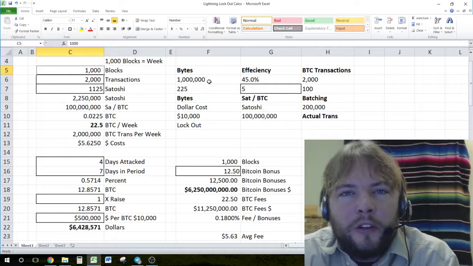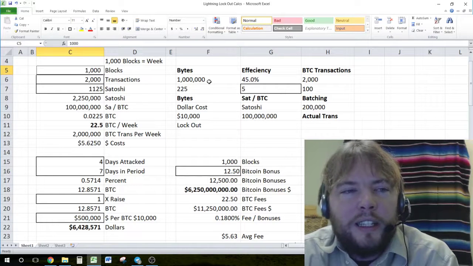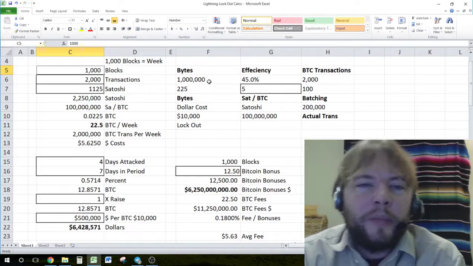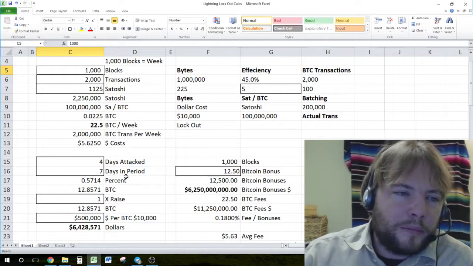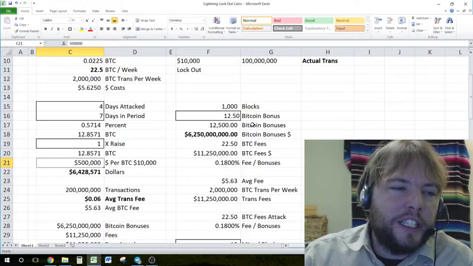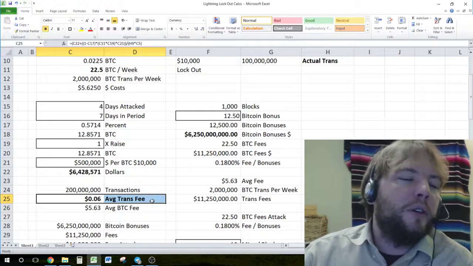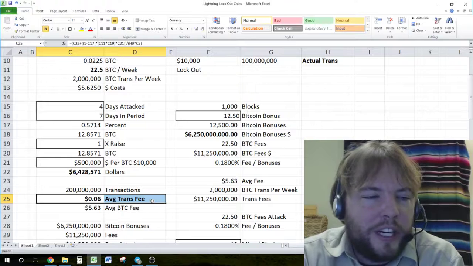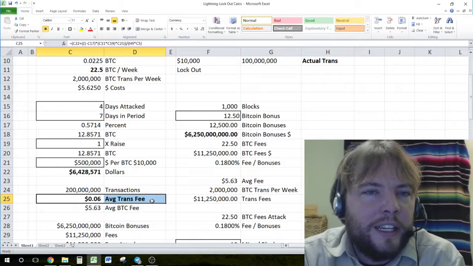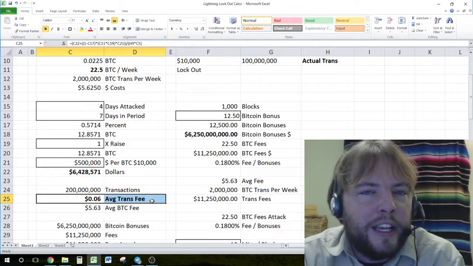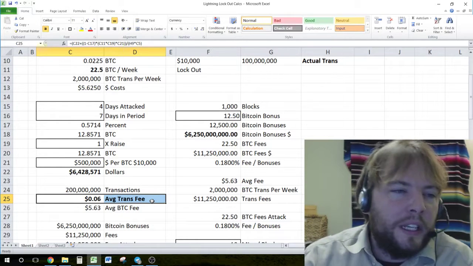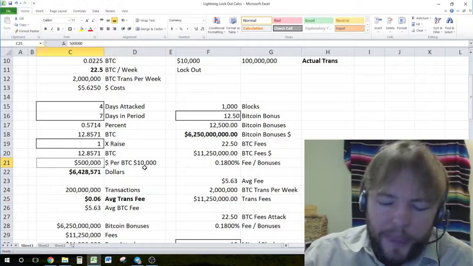And then if you incorporate sidechains into this, then you might get another multifold situation where, in this scenario, I'm going to suggest to you that under no circumstances, as the price of Bitcoin continues to escalate, can the average transaction fee exceed roughly a quarter. Anytime it's over a quarter, it's too much.